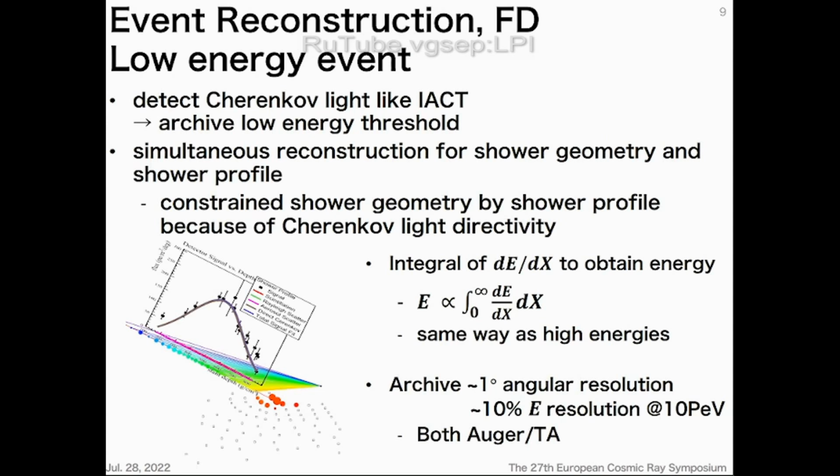For the low energy events, we detect the direct Cherenkov light, like an atmospheric Cherenkov telescope. This technique allows us to achieve a low energy threshold. In the reconstruction, we simultaneously reconstruct the shower geometry and the shower profile, because the direct Cherenkov light is beamed light, so the shower profile reconstruction can constrain the shower geometry.